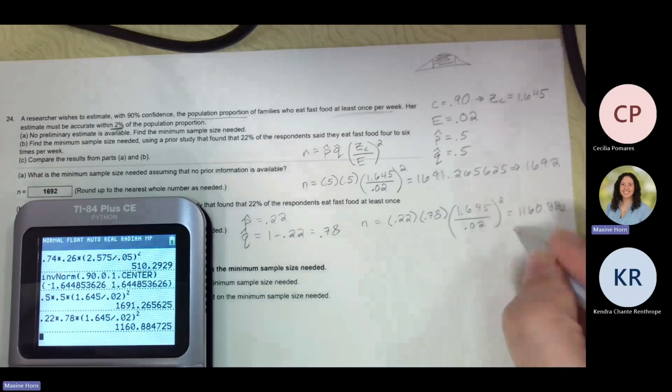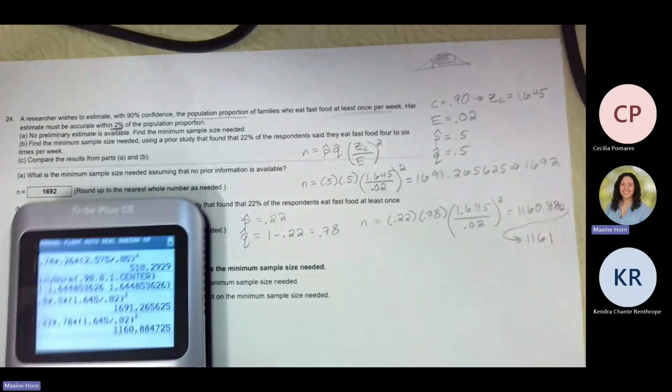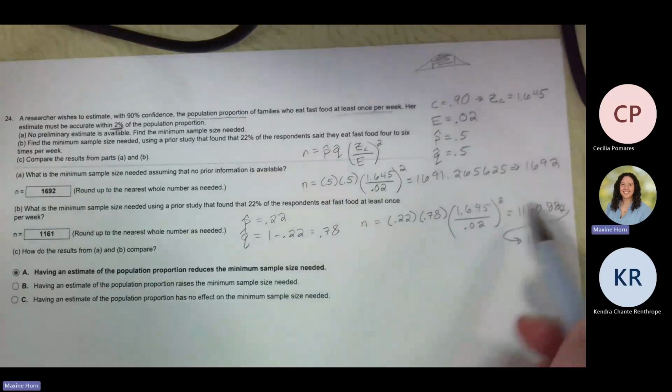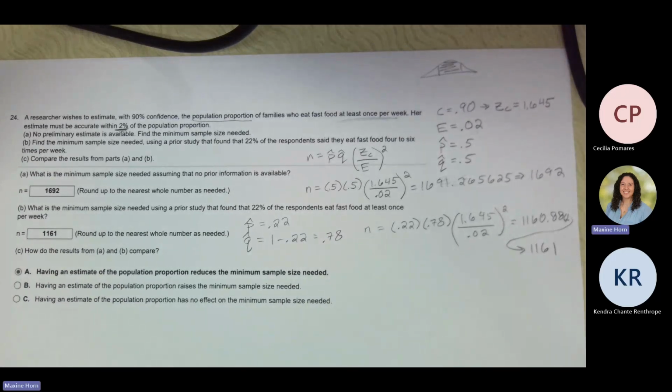What matters is I take this and I go up to the next whole number because this is the number of people. This is the bare minimum I need, and I have to go up. And again, how do they compare? If we have an estimate of the population proportion, it reduces the minimum sample size needed.